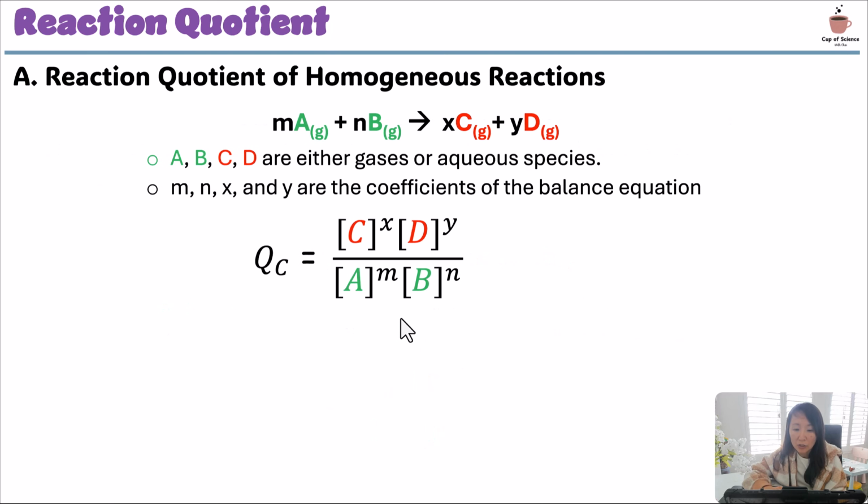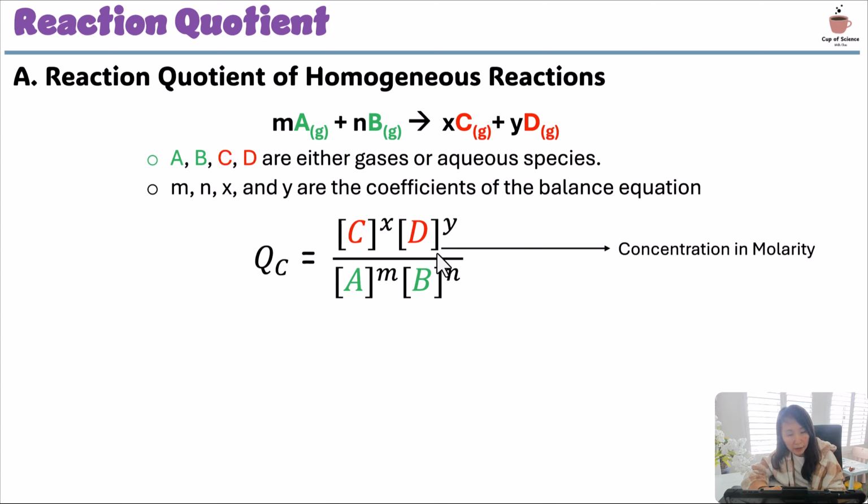So I have mentioned that these C and D, that's the product, remain on the numerator. And on the numerator, these are brackets. These brackets represent that these are in concentration of molarity. And same for the reactant. This x, y, and n represent the exponents, and that comes from the coefficients of the balanced equation.